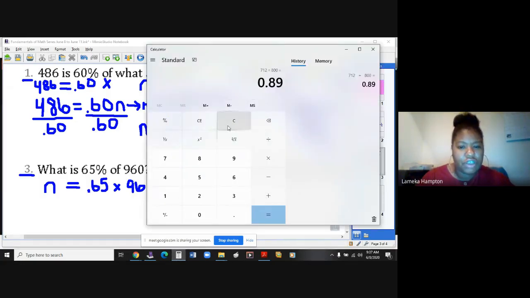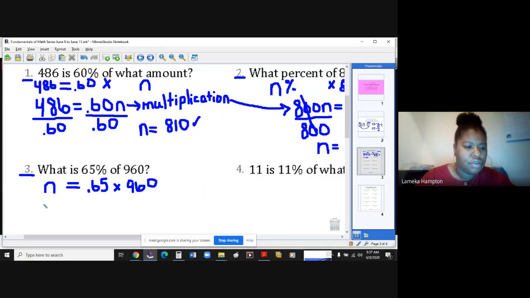So I'm going to clear this, and I'm now simply going to multiply. And my answer is 624. So n, when I multiply 0.65 times 960, my answer is going to be 624.